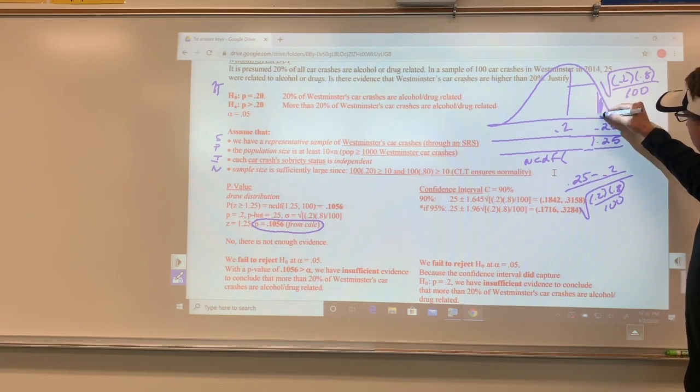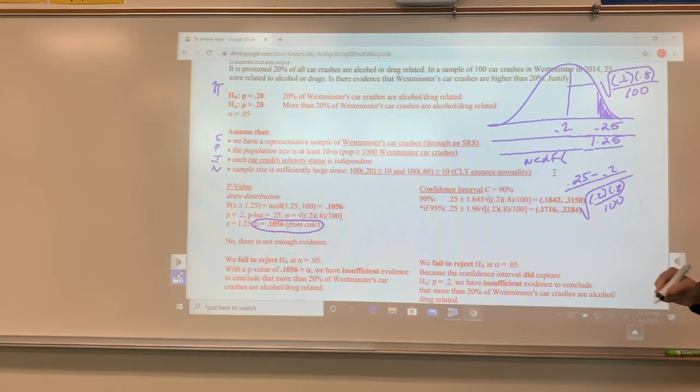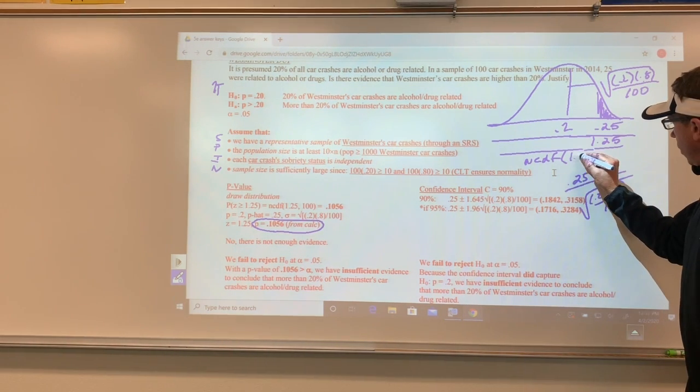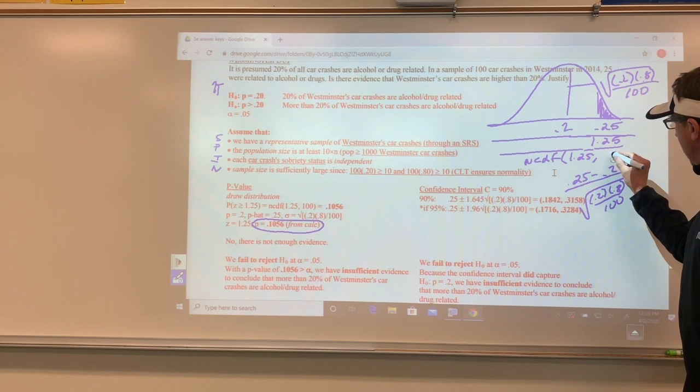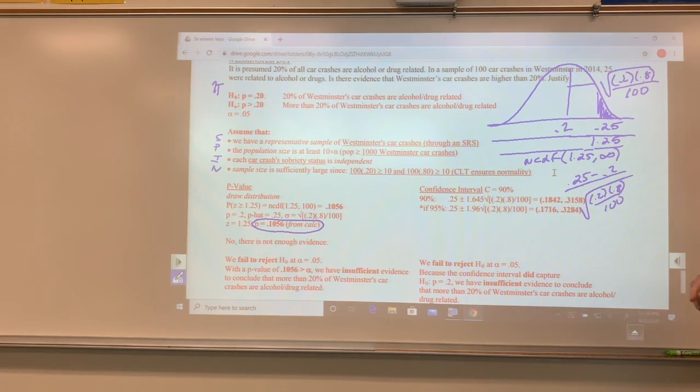We know the answer is around 10%. So 1.25 comma infinity, and type in a large number like 100 or 1,000, and you get 0.1056. There's your answer.